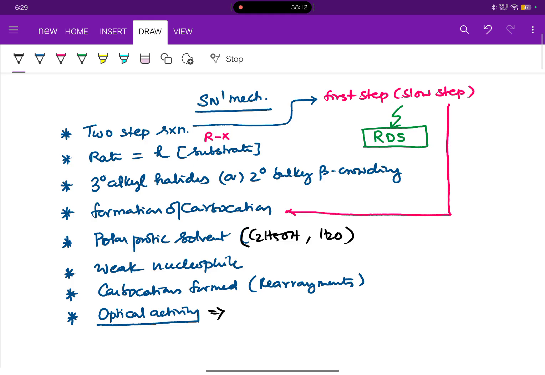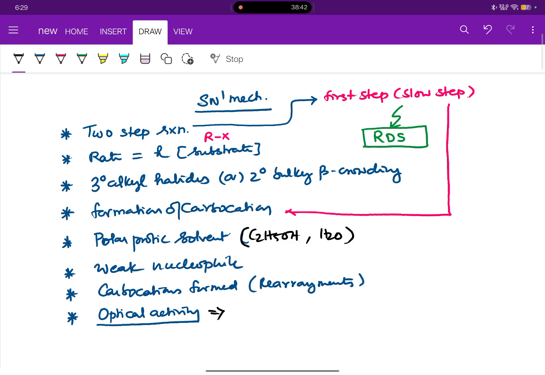Third point, tertiary alkyl halides or secondary with bulky beta crowding always take place by the SN1 reaction. What is the salient feature of this particular reaction? Formation of carbocation, which is your slow step or the rate determining step. Fifth one is the polar protic solvent, where you use solvents with proton, so their polarity is quite high.